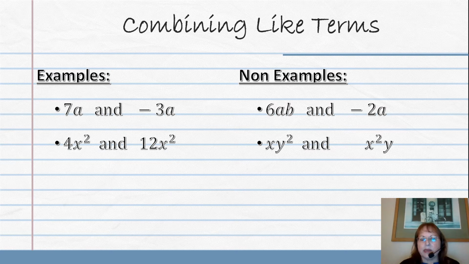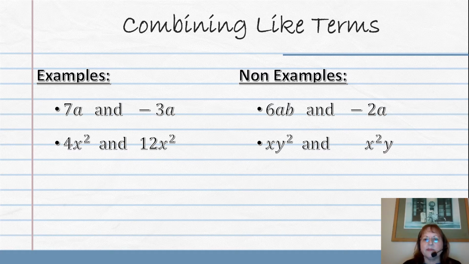Non-examples of like terms are 6ab and negative 2a. You notice we have the letters a and b as variables with the 6, and we only have an a with the negative 2. The second non-example of like terms, they're not like terms, is xy squared and x squared y.